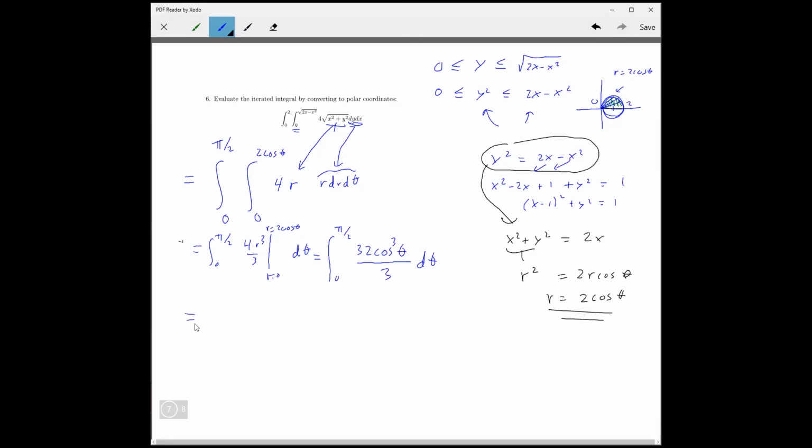I'm not going to get into the details of this, but this integral is cosine cubed of theta. That's interesting. I guess that's an integral that you can actually do. It's not that bad.